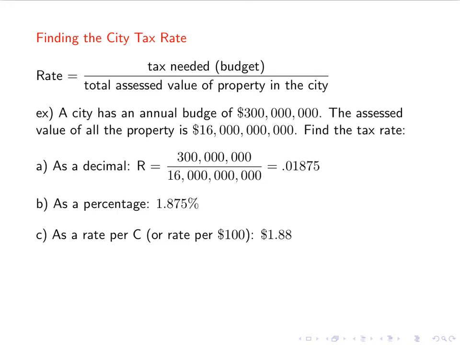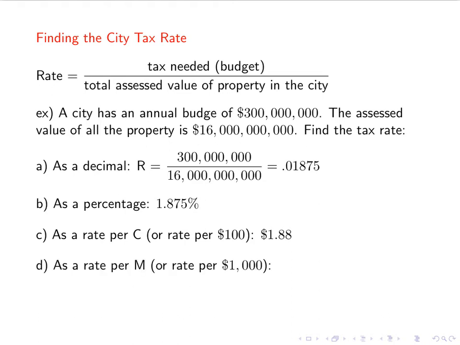So the only difference between parts B and C is that C is always rounded to 2 decimals because it's a dollar amount. So the 1.875% becomes $1.88. Okay, so again, it's dollars, so round to 2 decimal places, but it's the same number because they're both per 100. One's per 100, the other's per $100.